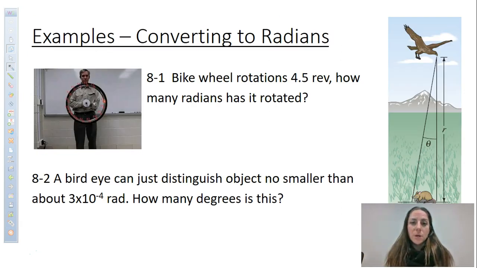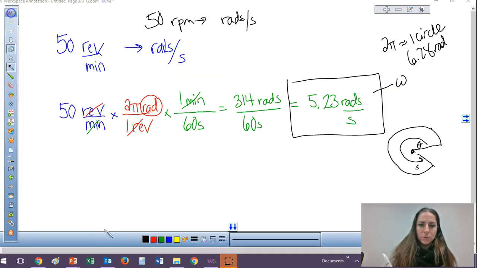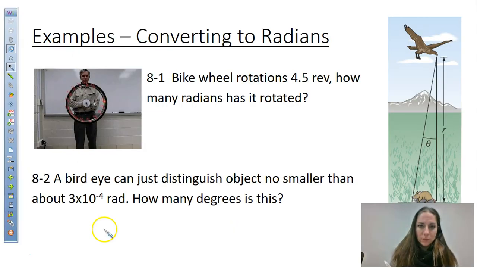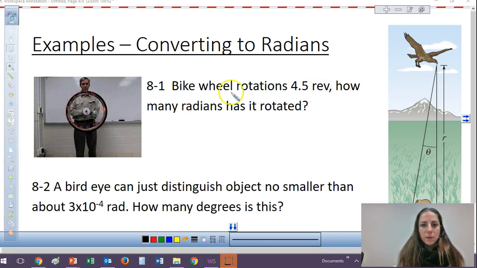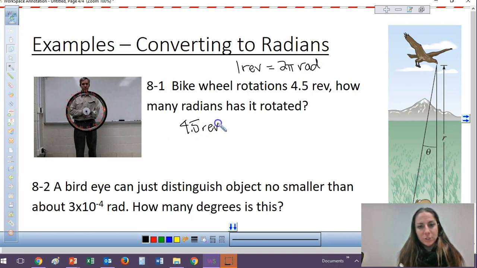Okay, so let's hop back into this. These are just a couple of quick questions we can try out so you can see how we're using this right here. So here's a bike wheel. It's made 4.5 revolutions. How many radians? So for my conversions, I know for every 1 revolution, there are 2 pi radians. So this is a conversion, 4.5 revolutions times, in 1 revolution, there's 2 pi radians.